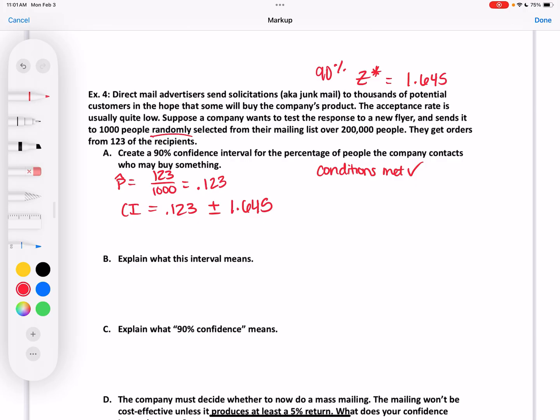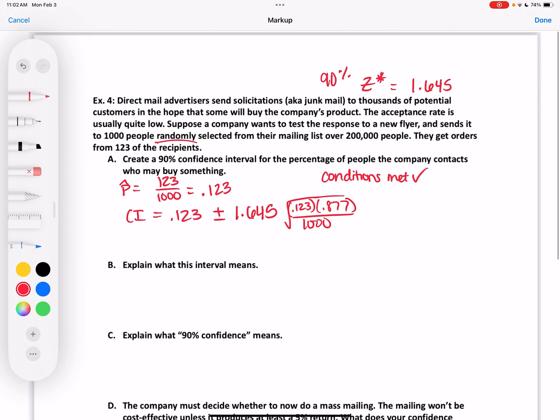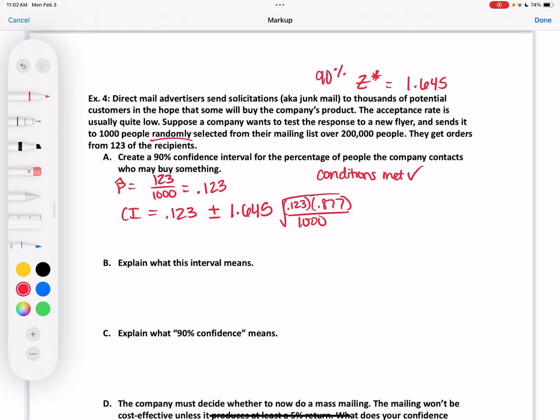Anyways, and then this is times the square root of 0.123 times q, which is 0.877, I think. Let me verify that I have that right. 1 minus 0.123. Yep, that's 0.877. Over the sample size, which is 1,000. So this is just the setup, okay?